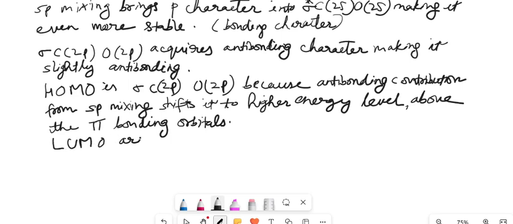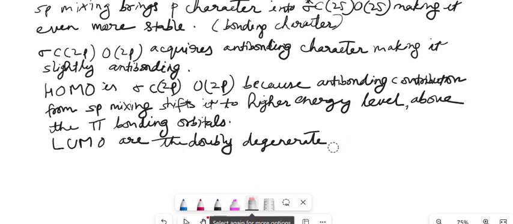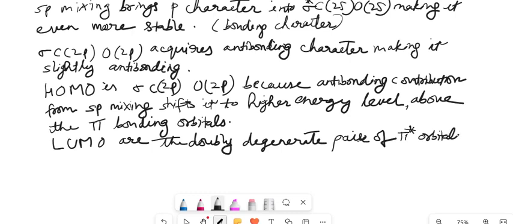The lowest unoccupied molecular orbital is the doubly degenerate pi star 2p orbitals.